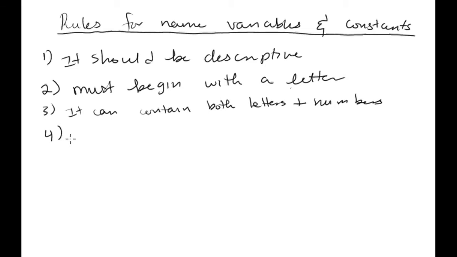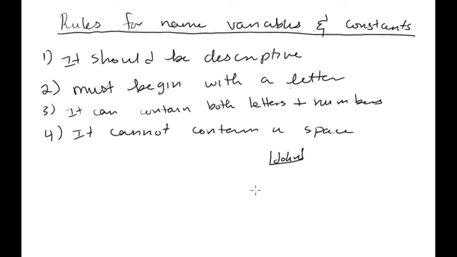Next, it cannot contain a space. For example, if I have a variable that is going to store the name of the youngest student in the class, and let's say the youngest student in the class is John, now I cannot name this variable youngest space student.